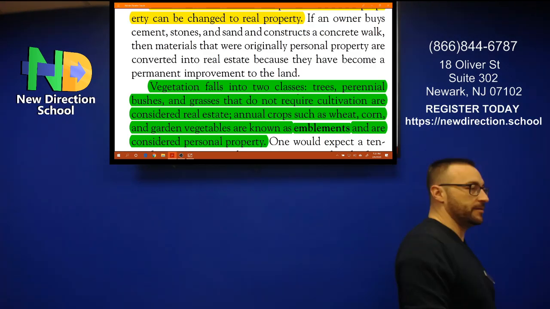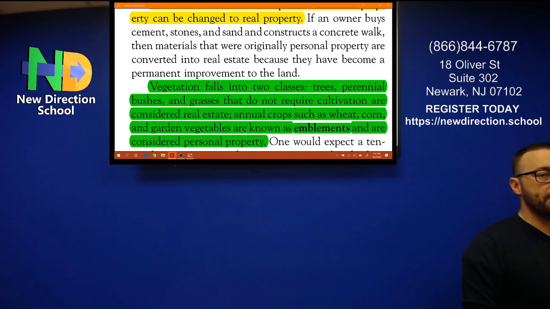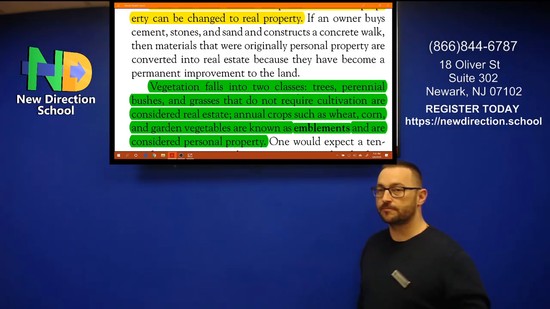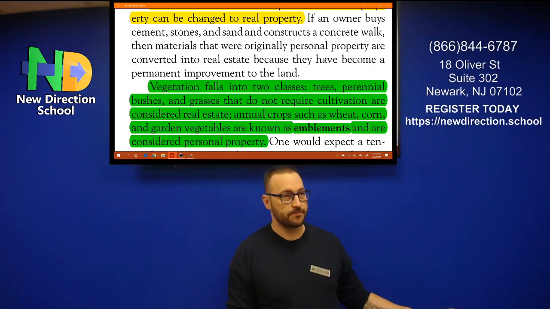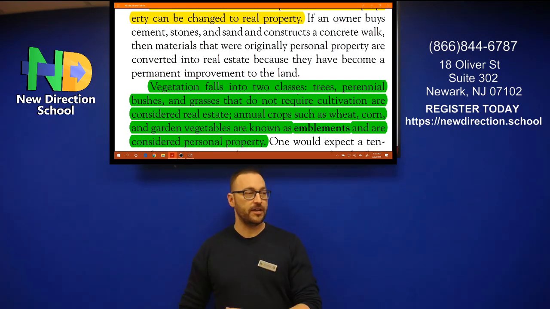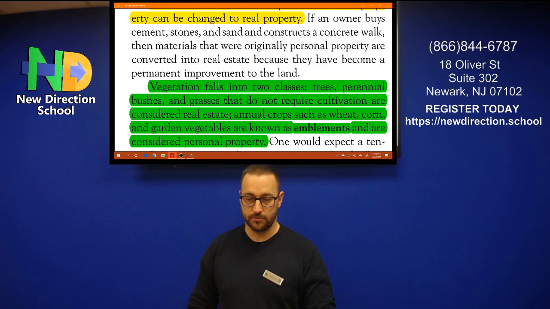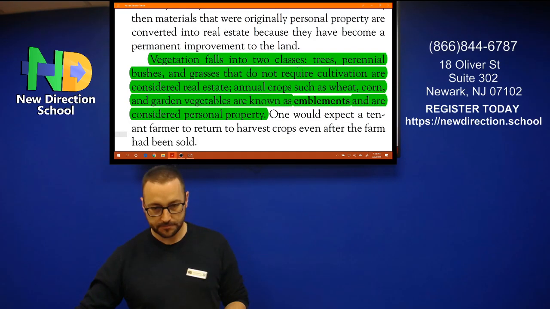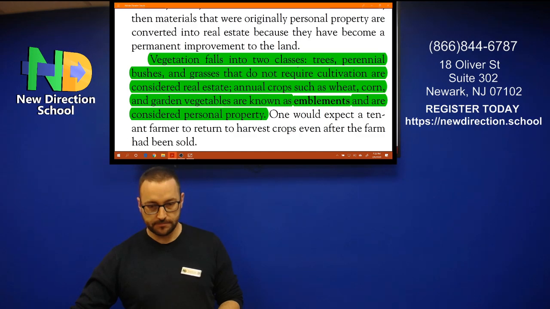So pretty much, if it doesn't require cultivation, it's real estate. If it's something that you intend to cultivate, that means you're going to go there and cut it out eventually, it's called implements or personal property.